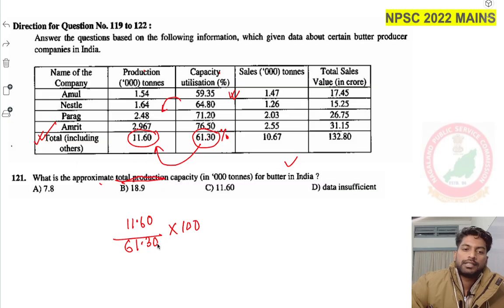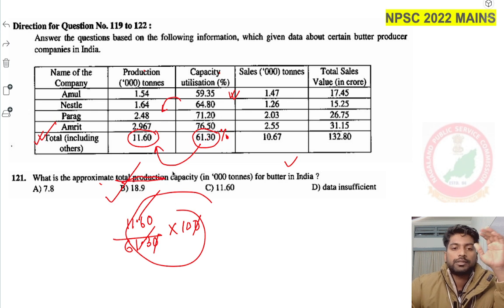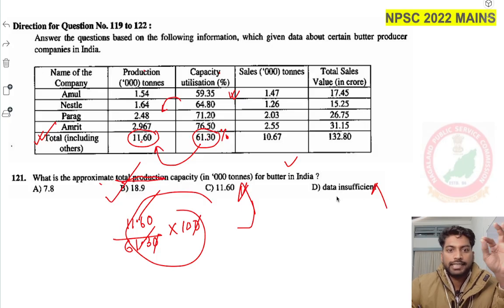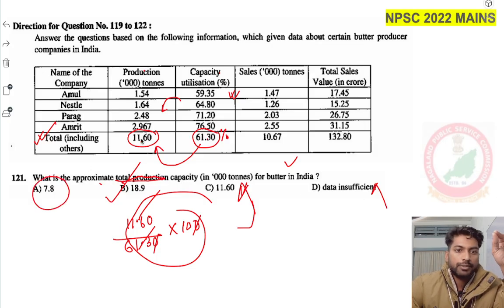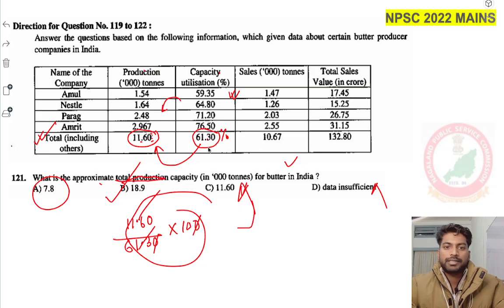Okay, total. So the decimal will go out, 0 and 0 gone. For ease of calculation, without calculating I can say this is the answer. Why? See, 11.60 will not be the answer, not possible. Data insufficient is not the answer because the data is there, and 7.8 will not be it because it is already 11.60 at 61%. At 100% it will be around 18.9.